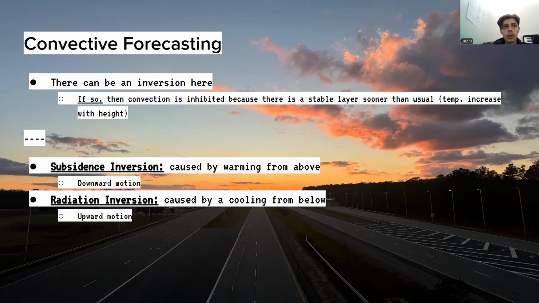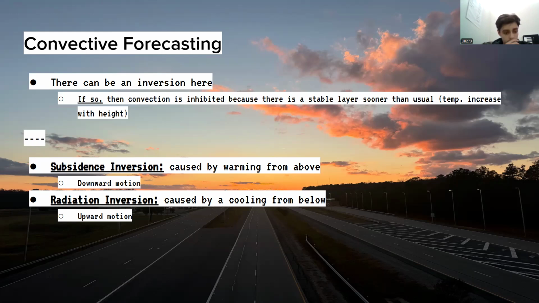And where there's a stable layer, we would identify that there might be an inversion by the time we get to that. But if there's an inversion at the 700 millibar level, then that's what can help us with convective forecasting.